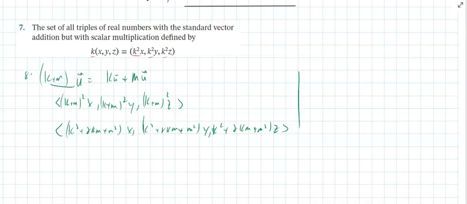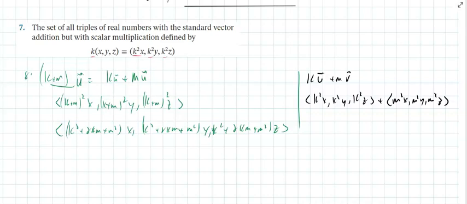But if I take ku plus mu, that would be k squared x plus m squared x, and so on, which is (k squared plus m squared) x, (k squared plus m squared) y, and (k squared plus m squared) z. And we know those are not equal. Therefore, axiom 8 doesn't hold.